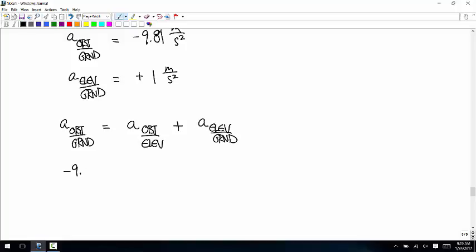So we have negative 9.81 is equal to the acceleration of the object relative to the elevator plus 1.